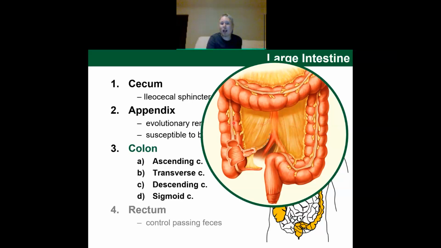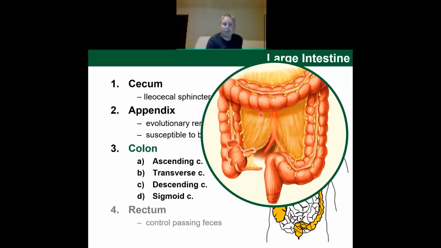You'll notice it's much larger. We can see the appendix here. This would be cecum. This would be the ileocecal opening. A little bit of fat pads there connected by our peritoneum.